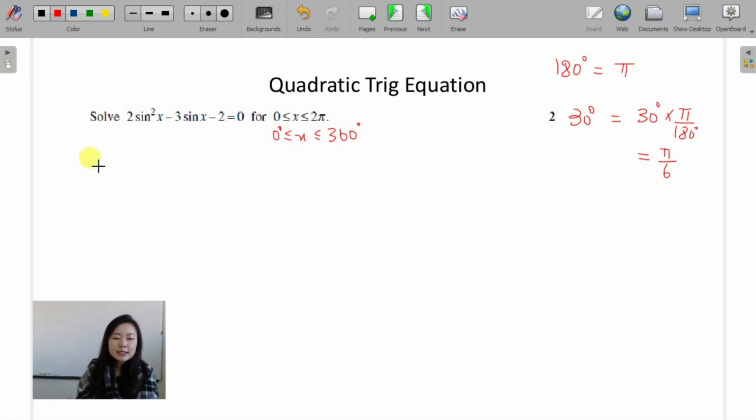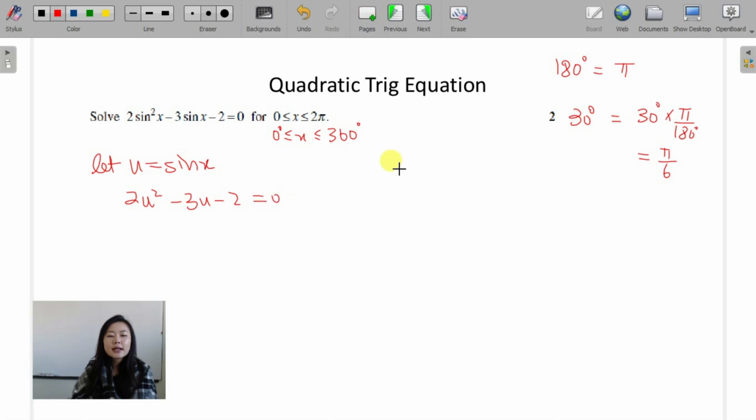Now, if you can't quite see that, let u equal sine x. So make a substitution, and then we're going to factorize this. You can use whatever methodology you've been taught at school to factorize this. I generally like the cross method.